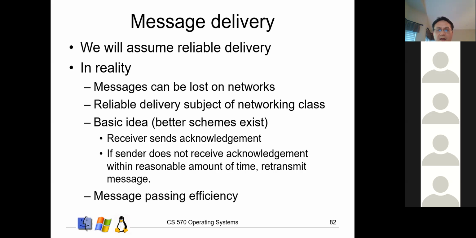Because communication over the network could be asynchronous, over an unreliable network a lot of complicated scenarios could arise.